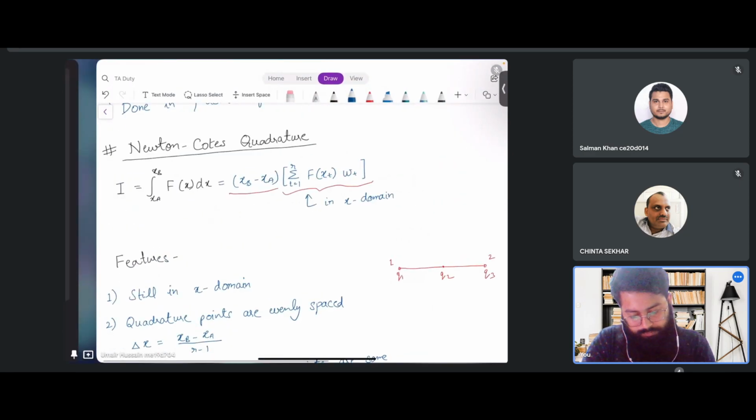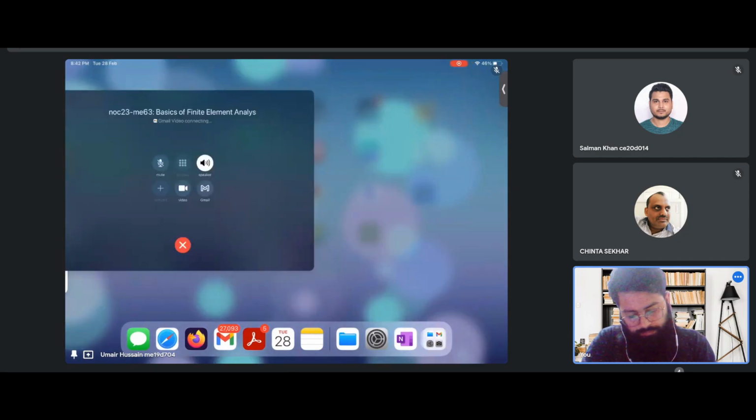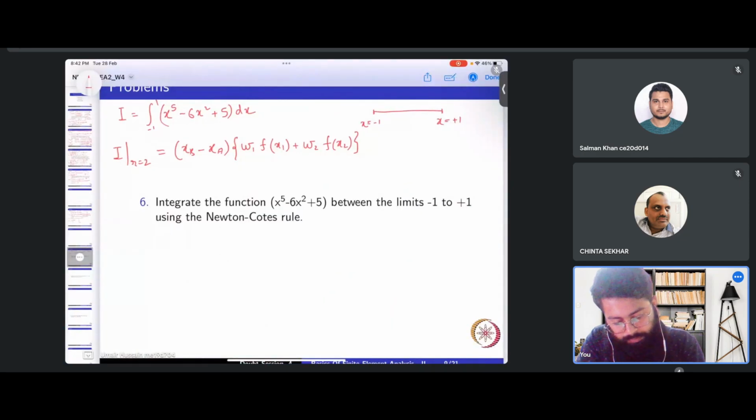It's x b minus x a. Okay, so here x b minus x a becomes 1 plus 1 and half of value of function at minus 1.